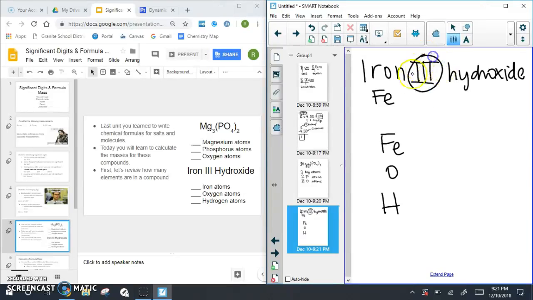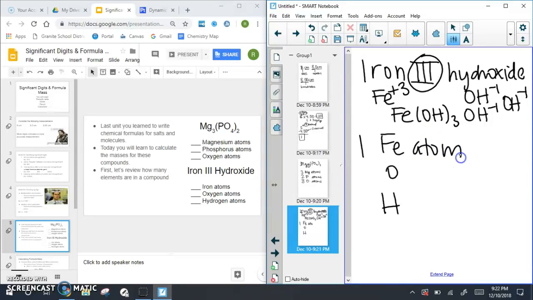It has a +3 charge because we have the Roman numeral. Hydroxide is OH minus 1, and in order to have the charges equal 0, you need to have 3 OHs and 1 Fe. So the formula for this looks like Fe(OH)3, meaning we have 1 iron atom, 3 oxygen atoms, and 3 hydrogen atoms.